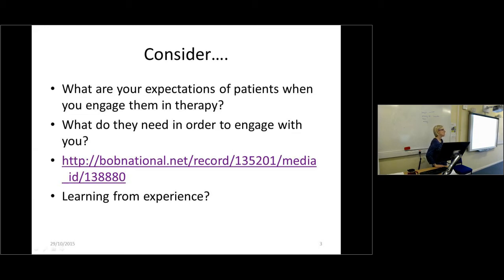Particularly if you're setting exercises or home exercise programs, you're relying on somebody's ability to remember to do them and to be motivated to take part and to participate. And we know that apathy is quite a common consequence of brain injury. It's not a cognitive difficulty per se, but it can be a common consequence. And things like stroke can cause apathy as well.